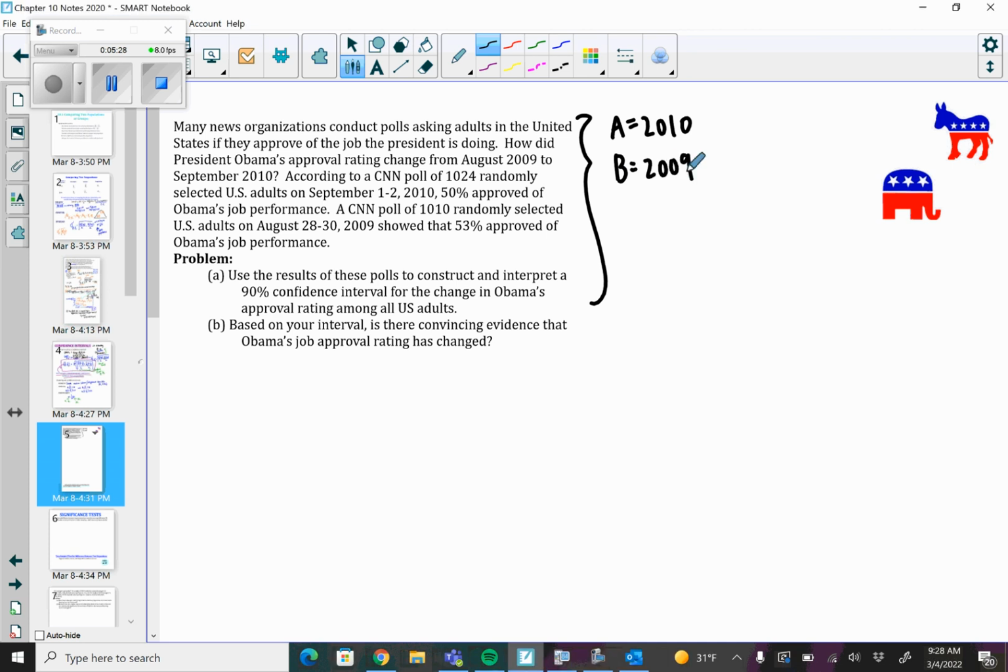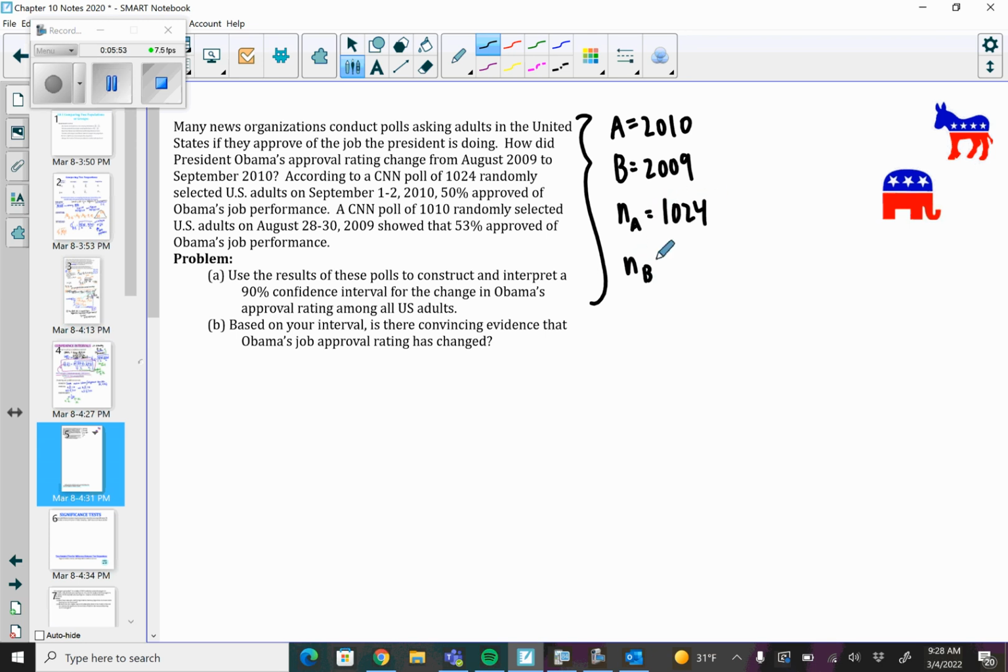Now, we are going to do this problem in a way that is one minus the other. You can do it either way. This difference of proportions can go either way. Your answer might look different. It might be a negative version, but the idea will be the same. So that means our sample size for 2010, NA, is 1024.